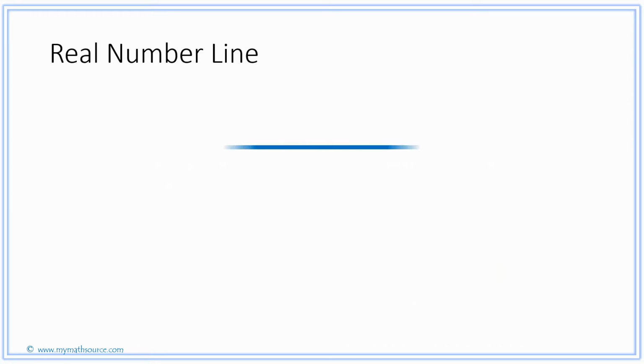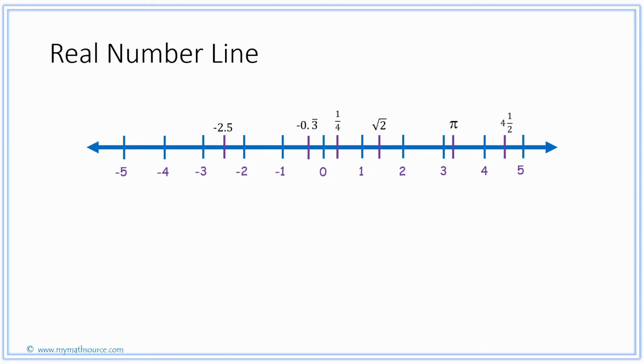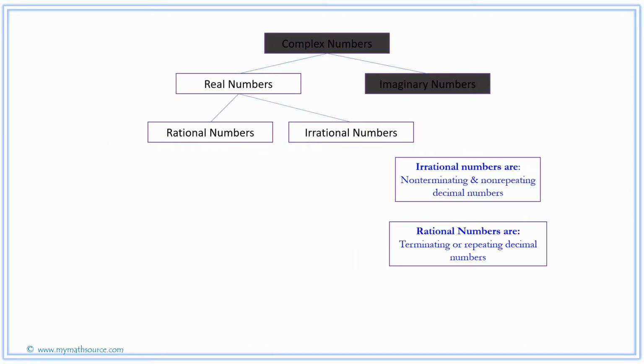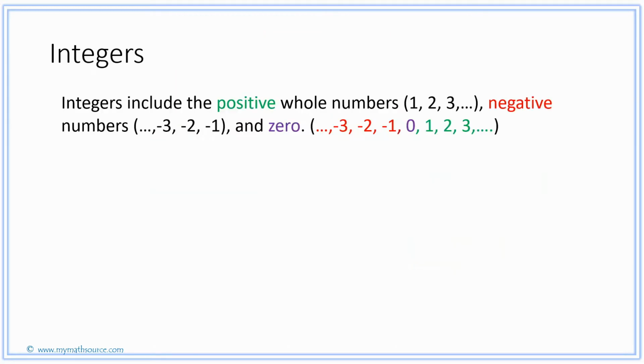Okay, so let's go back to our real number line. What we see there are all the different types of numbers, rational and irrational, and the origin in the middle. Now, if we keep on going, we have our real numbers split up into rational numbers and irrational numbers. If we go underneath the rational numbers, you get what's called the integers. Now, the integers represent something significant.